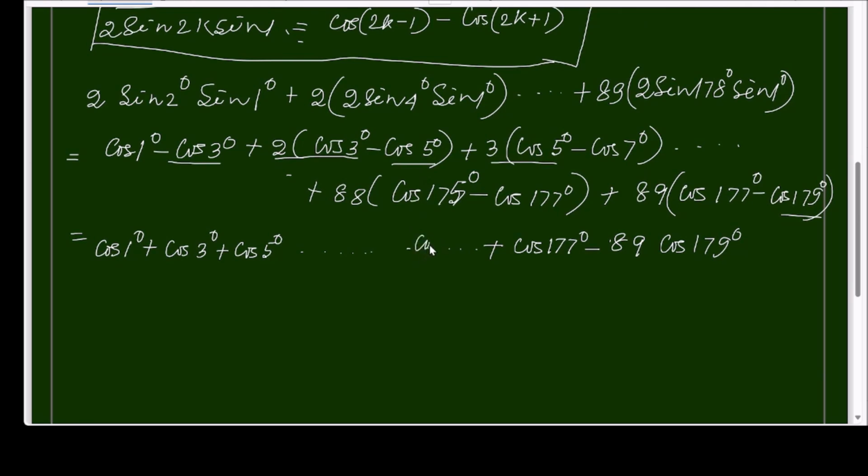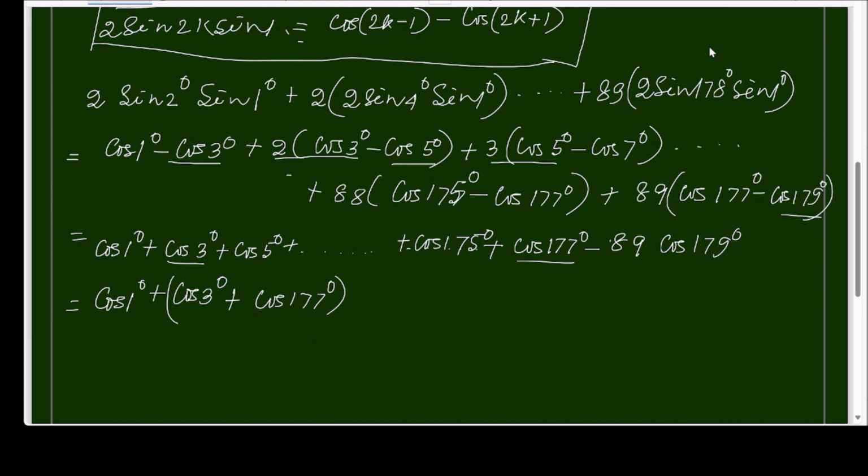This will be cos 175 degree. Next pairing: cos 1 cannot be paired, but cos 3 degree I'll pair with this. Why? Cos 3 degree plus cos 177 degree will cancel each other, because cos x is the negative of cos 180 minus x.